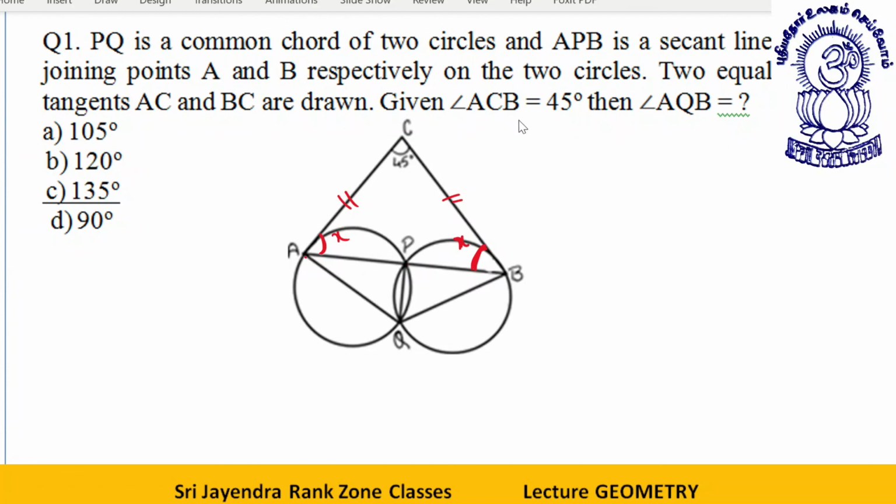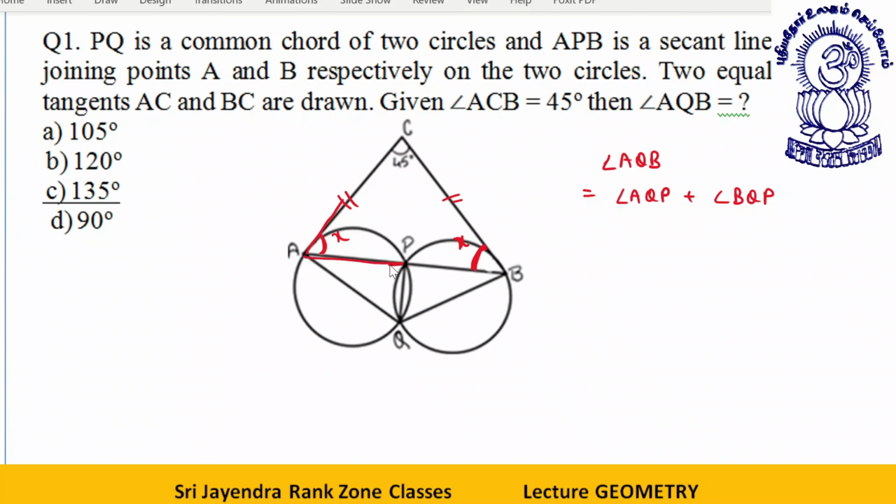Now angle ACB is 45 degrees. Then you have to determine angle AQB. It's a very easy question if you think about it. Angle AQB is actually angle AQP plus angle BQP. But, my dear students, this angle is X. This is a tangent, and this is a chord for the first circle.